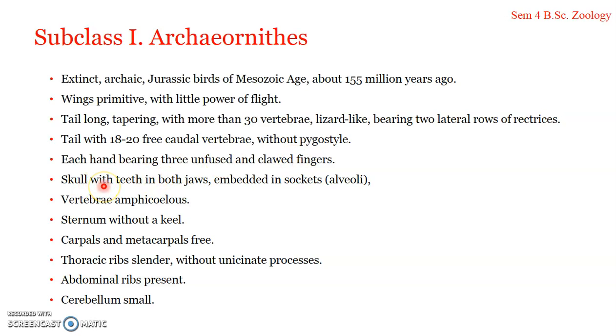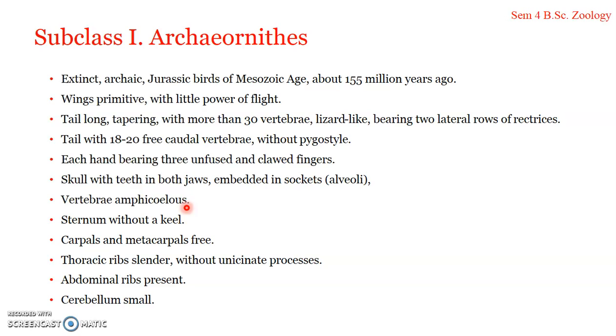The skull has both jaws having teeth, and these teeth are embedded in sockets. Teeth embedded in sockets in both the jaws is again a feature unique to Archaeornithes, absent in Neornithes. Vertebrae are amphicoelous type, that is, the centrum is amphicoelous, having concavity on both the anterior as well as the posterior side.